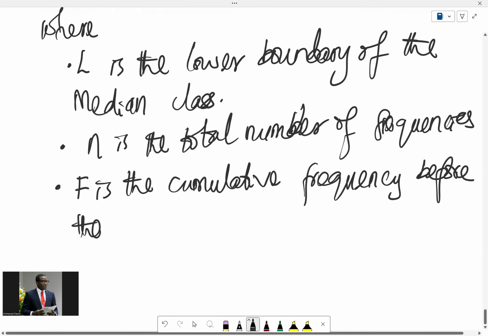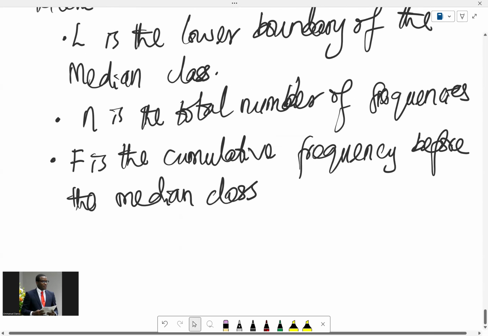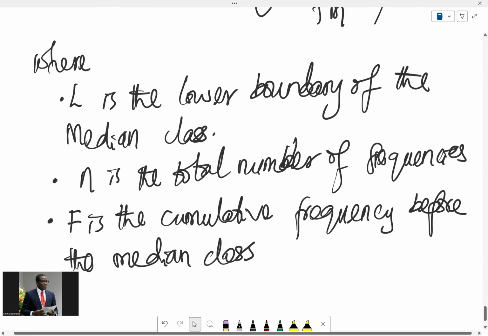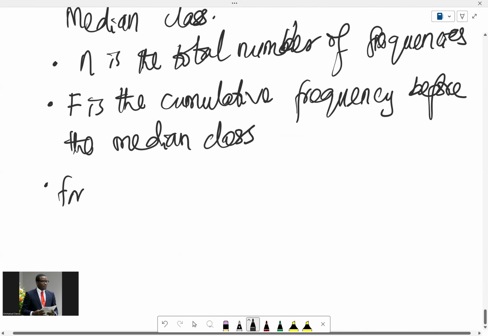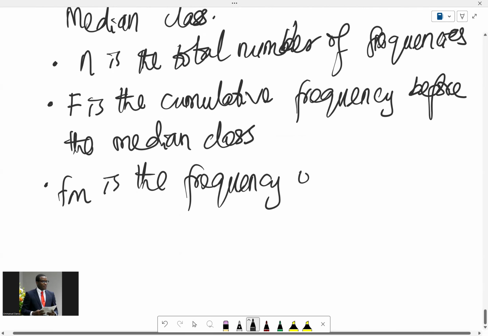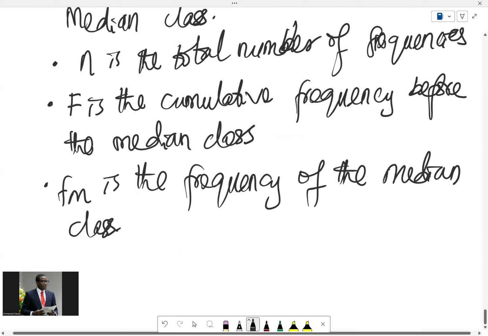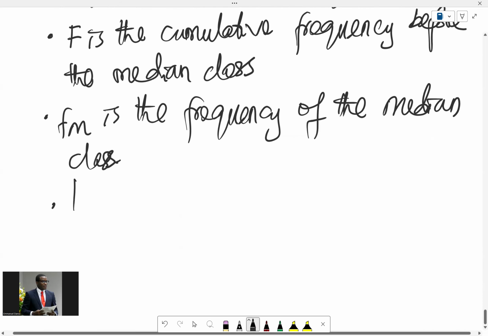And we still have FM and H. So next, small fm is the frequency of the median class. And lastly, H is the class width.